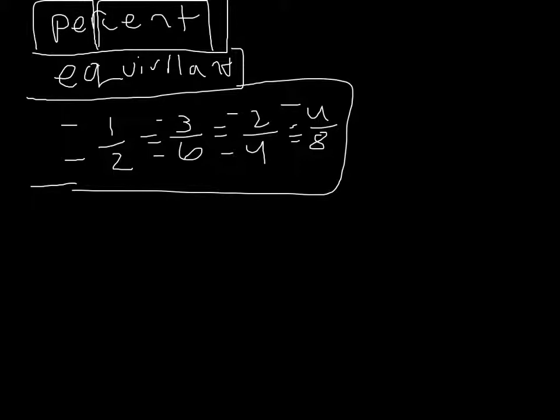The denominator is the total number of, well, let's just say pieces that are split. Like if you had a brownie pan and it was split into 2 pieces, the denominator would be 2.